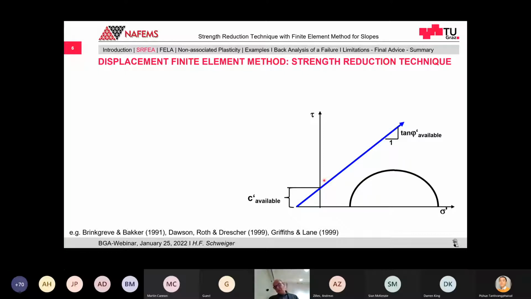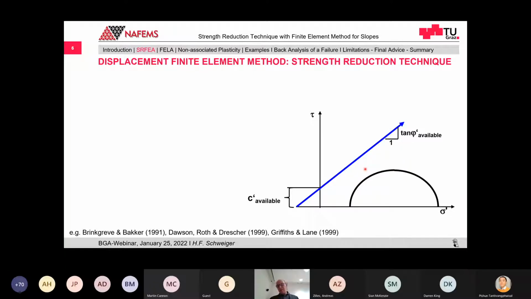So in these working load conditions, you will have a Mohr circle in various integration or stress points, some of which may already touch the yield surface, but under working load conditions, we could expect there is quite a distance between the Mohr circle in all the stress points and the failure envelope.